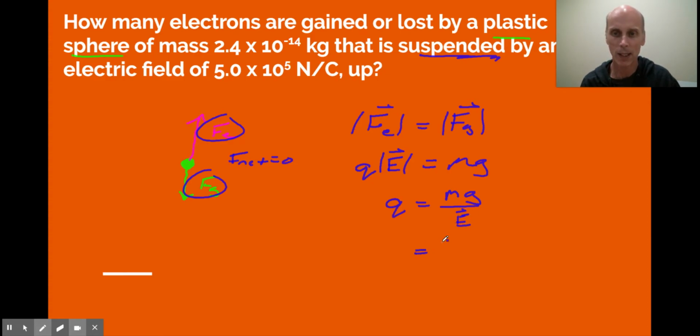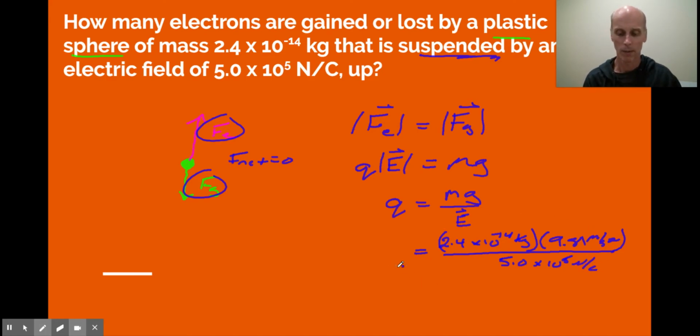So mass 2.4 times 10 to the power of negative 14 kilograms times 9.81 meters per second squared divided by electric field 5.0 times 10 to the fifth newtons per coulomb. And so those are all the pieces of information we need. We should be able to solve for the charge.